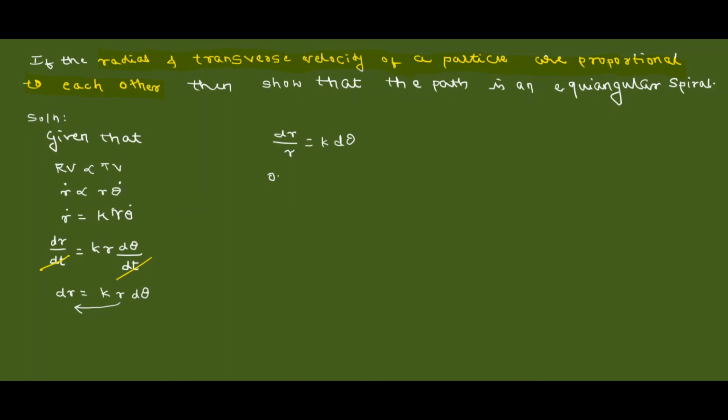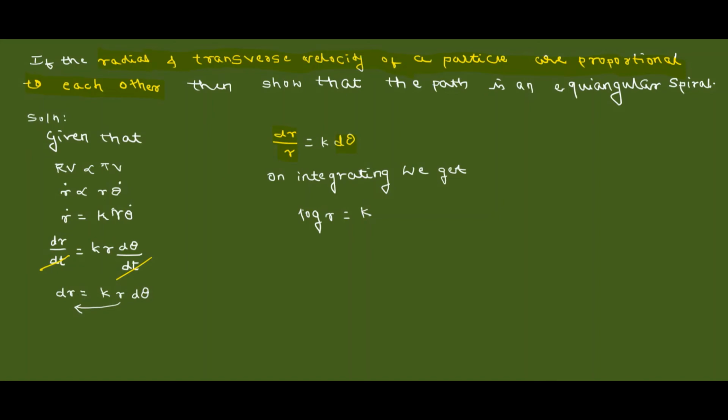Now on integrating we get, what is the integration of dr by r? Integration of dr by r is logarithm of r, is equal to k is constant. What is the integration of d theta?